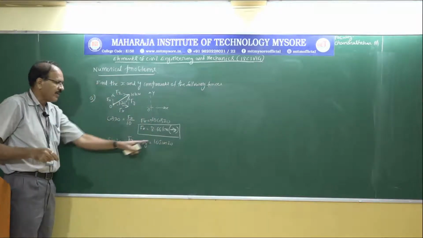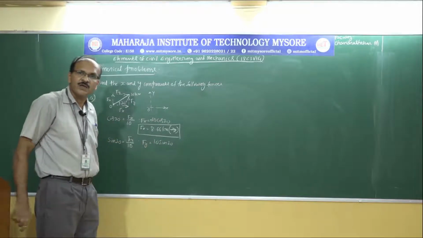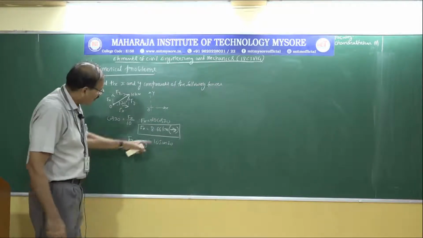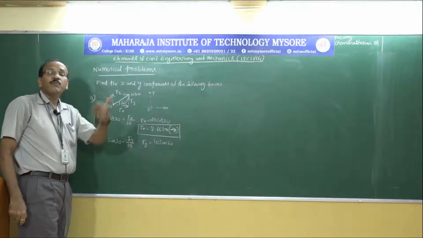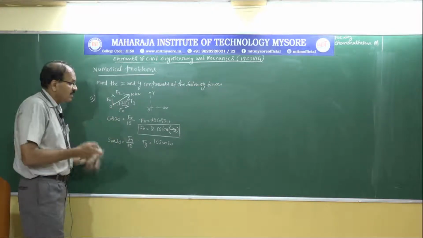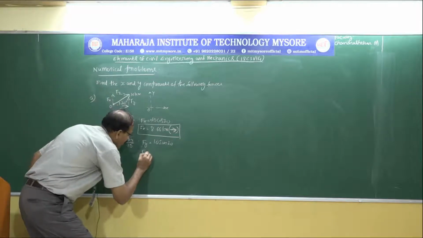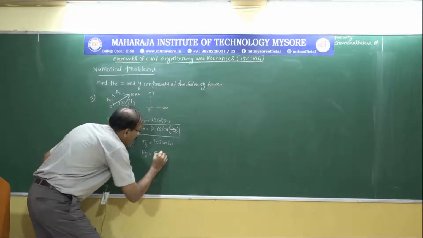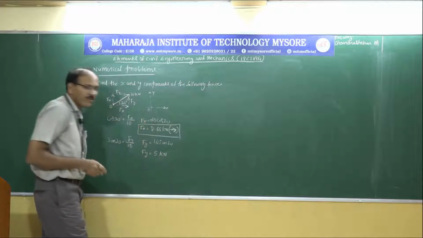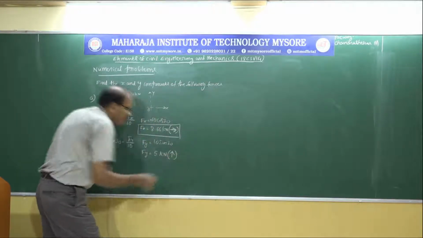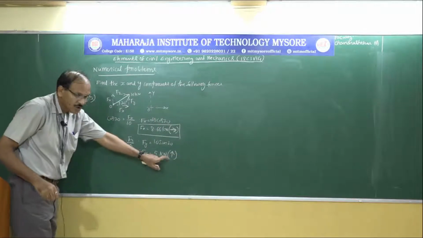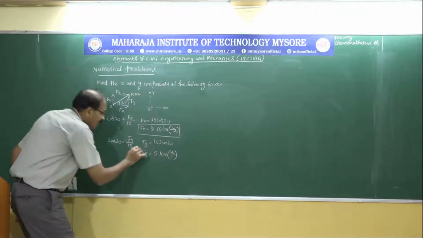If I don't put anything, by default it is plus. So what does it mean? The vertical component is acting upwards. That's what plus means. That is Fy equals 5 kilonewton. Because this is plus, when you write the final answer, you must show this sign.